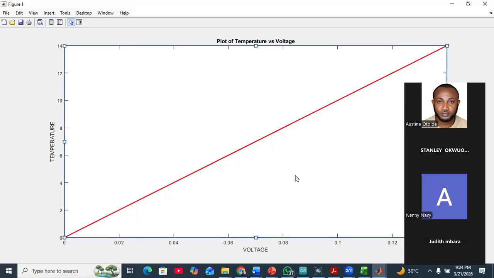Now we want to find the equation describing this line. Hold on just a minute.